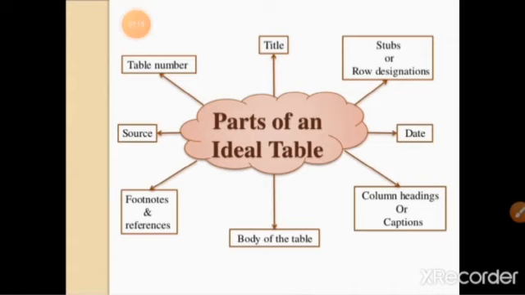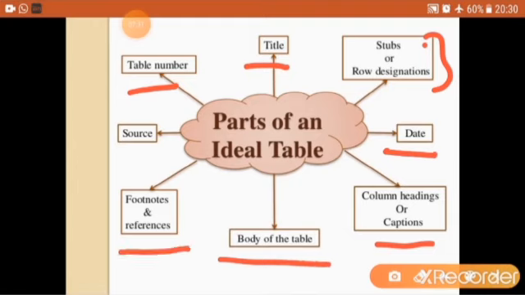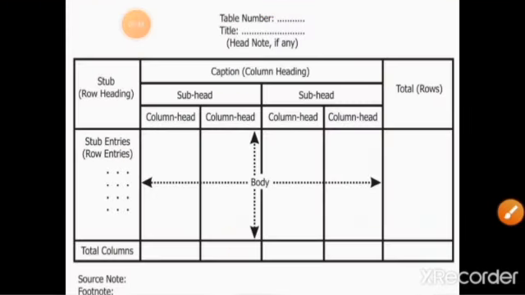A good table should have the following: the table number, title, stubs or row designations, date, column headings or captions, body of the table, footnotes and reference, and sources of the table. Clear? When we are making a table, all these points should be mentioned there. Here in the example you can see the table.